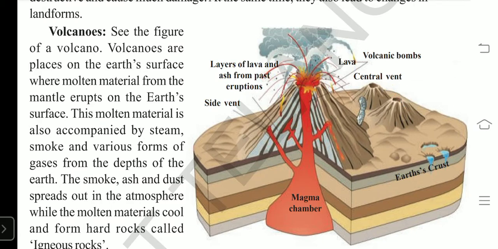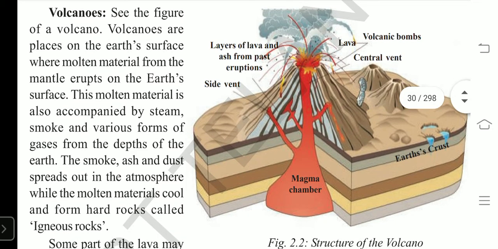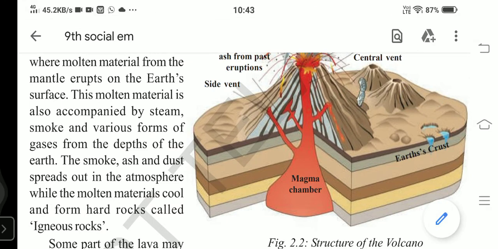Understand? When the intensity is high in the mantle, there will be movement in the plates. Suddenly the plate starts to move, then it leads to what? Earthquakes. Understand? Next we'll see in detail how earthquakes take place. Here the material is accompanied with steam, winds, boiling water, smoke and various gases.